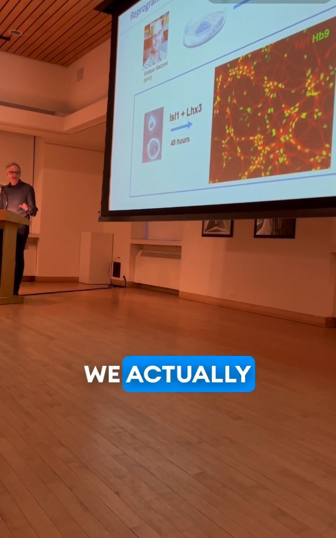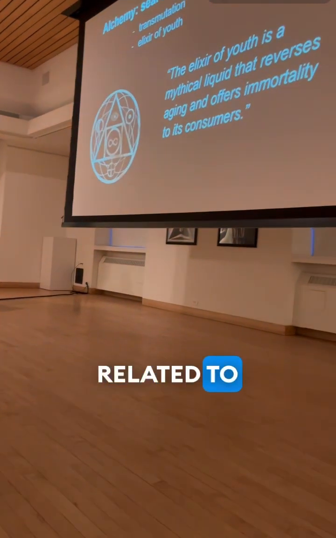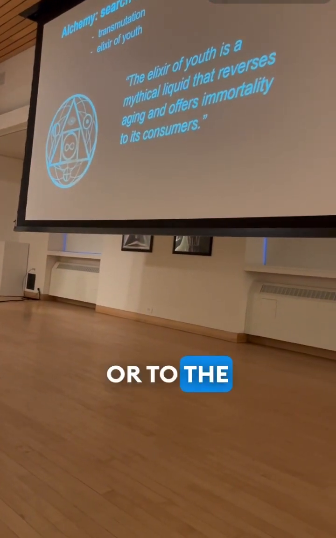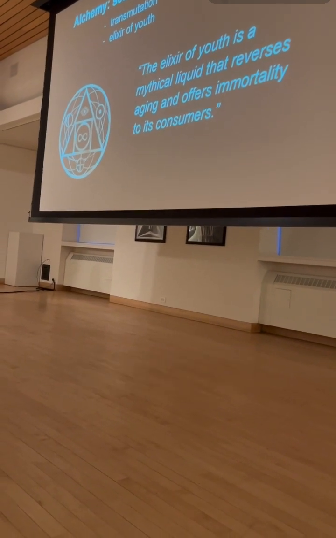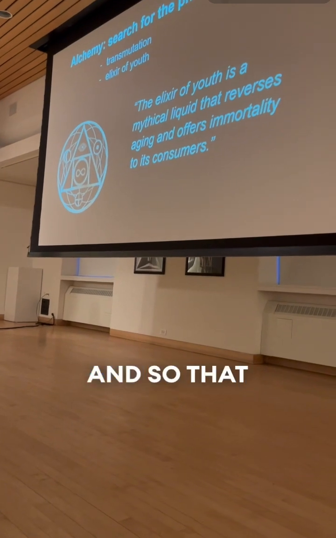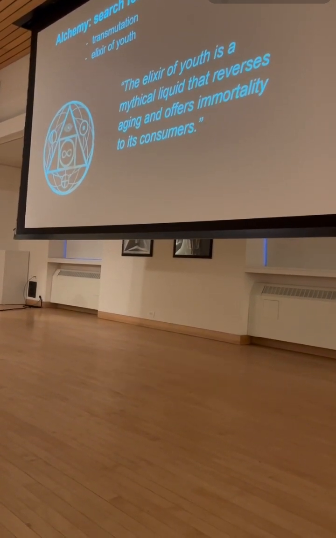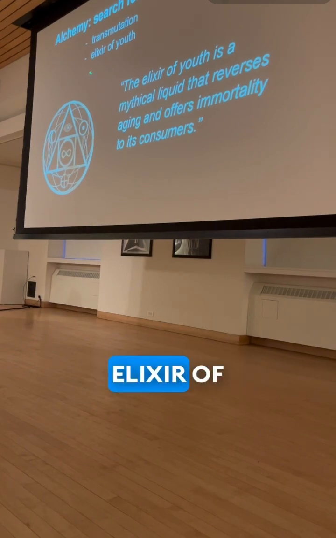But eventually we turned to another question, and that question was related to why motor neurons are susceptible to disease only when they reach a certain age. And so that brings me to the second part of the alchemy, which is the elixir of youth.